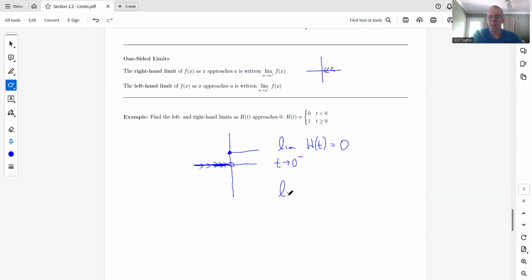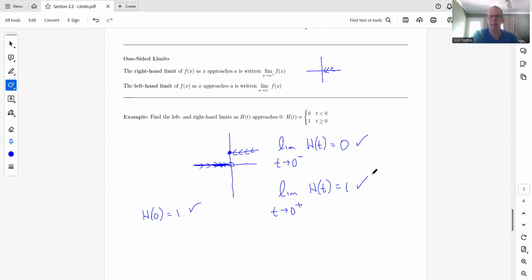The limit from the right side, and we'll say 0 plus of h of t. Now we're coming this way, and so that would be 1. The value of the function is 1. The value of the function, so h of 0 is 1. And so we can see from these things that it's not continuous, because for it to be continuous, all three of these things have to be equal.